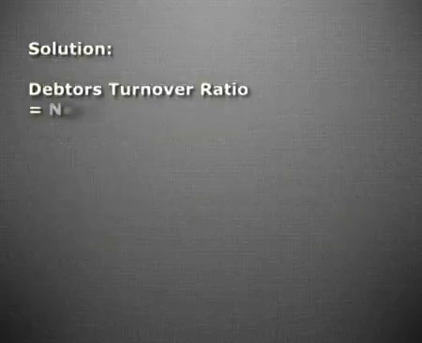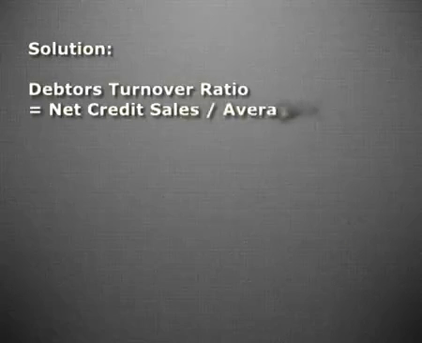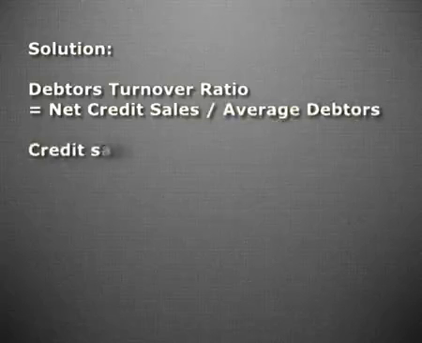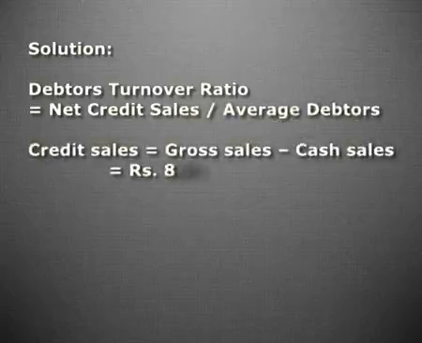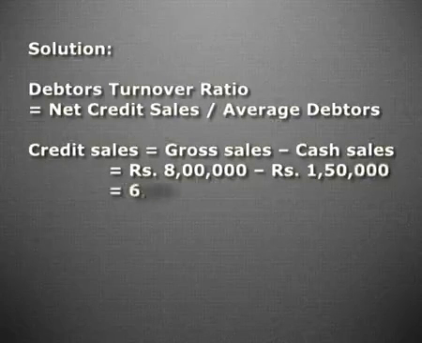Solution. Debtors turnover ratio is equal to net credit sales divided by average debtors. Credit sales is equal to gross sales minus cash sales, which is rupees 8 lakhs minus rupees 1,50,000, equal to 6,50,000.